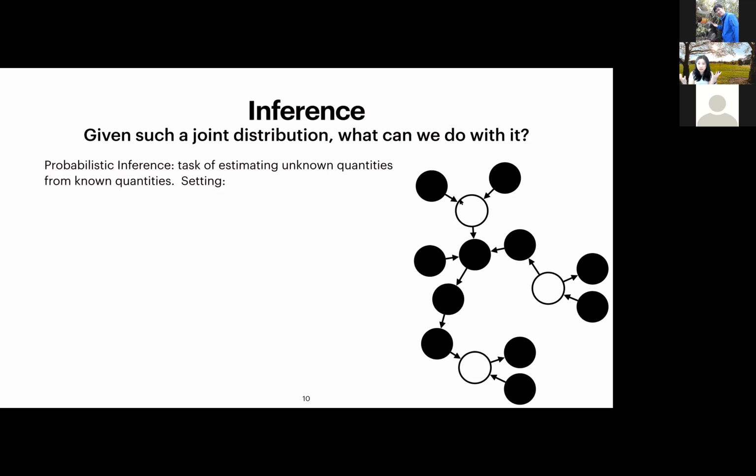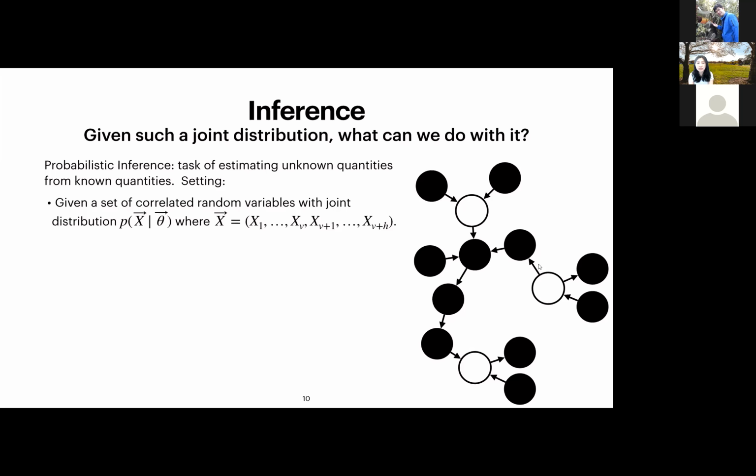In practice, you can get samples, you can observe realizations of these random variables, and that's your training data. However, unfortunately, sometimes you don't get to observe all the random variables. You might only observe part of them, which in this scenario are the black ones. So you have 3 hidden variables that you don't get to observe.